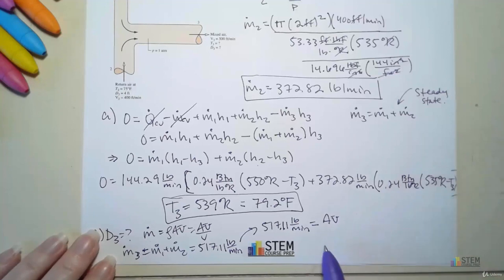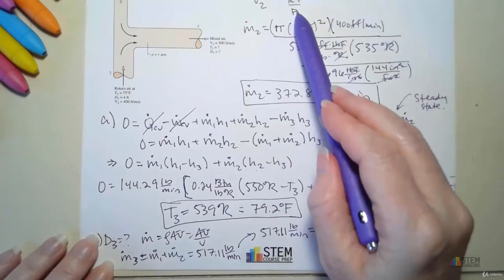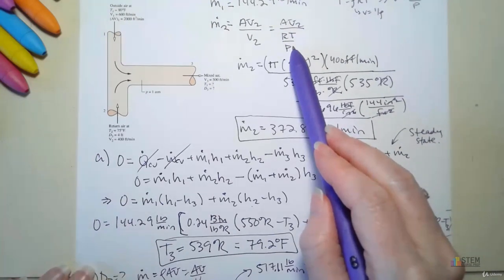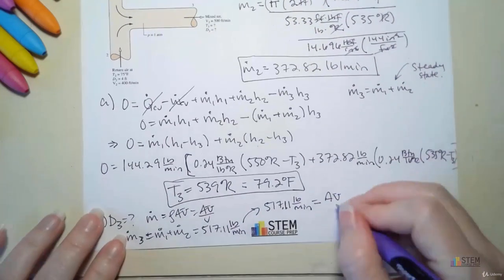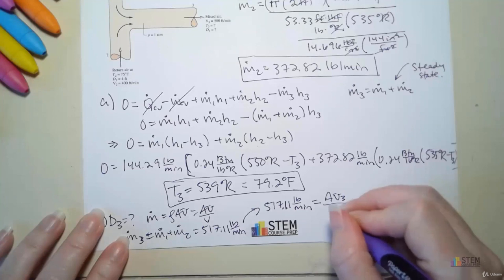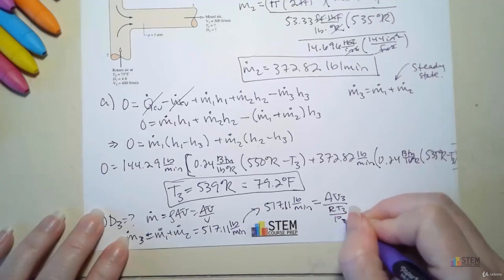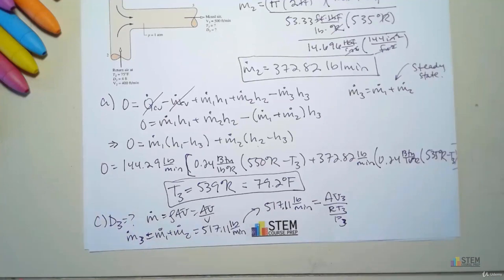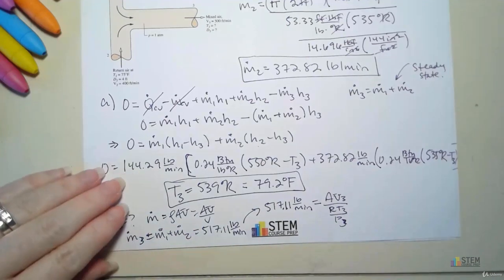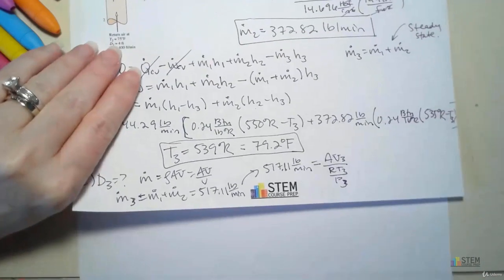And we don't know specific volume, so let's use the thing we did up here with the ideal gas. Let's put RT over P. And these are all for point 3. So now you get that. Now all you have to do is plug in your values. Let me get another sheet here.